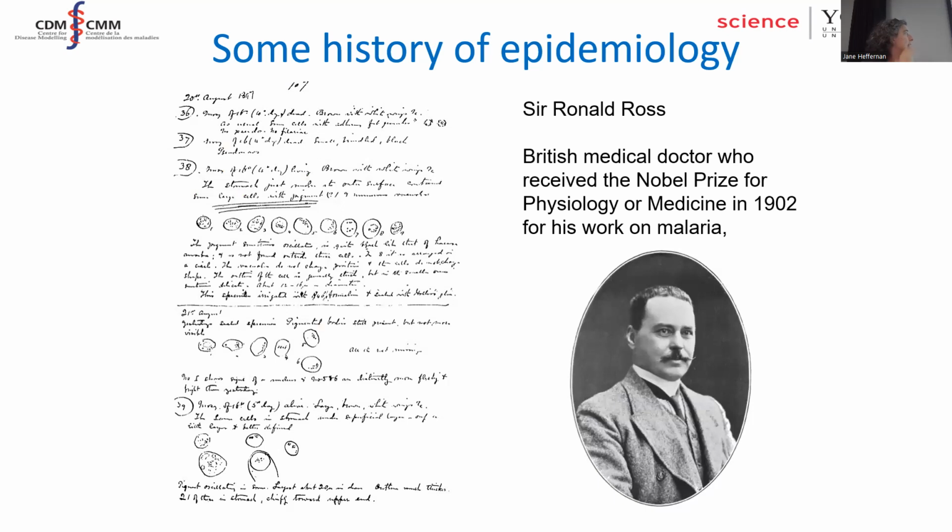So another example, this is Ronald Ross. Anybody heard of Ronald Ross before? He won a Nobel Prize for his studies on malaria. And he developed mathematical models of mosquitoes and malaria transmission between humans and mosquitoes.